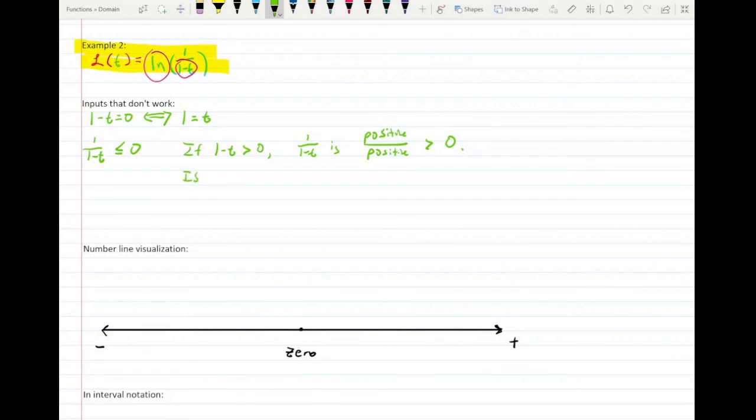And otherwise, if 1 minus t is less than 0, 1 over 1 minus t is negative, since 1 is positive over negative, which is less than 0. So this is the case that causes our function to break by putting a negative number into the logarithm.